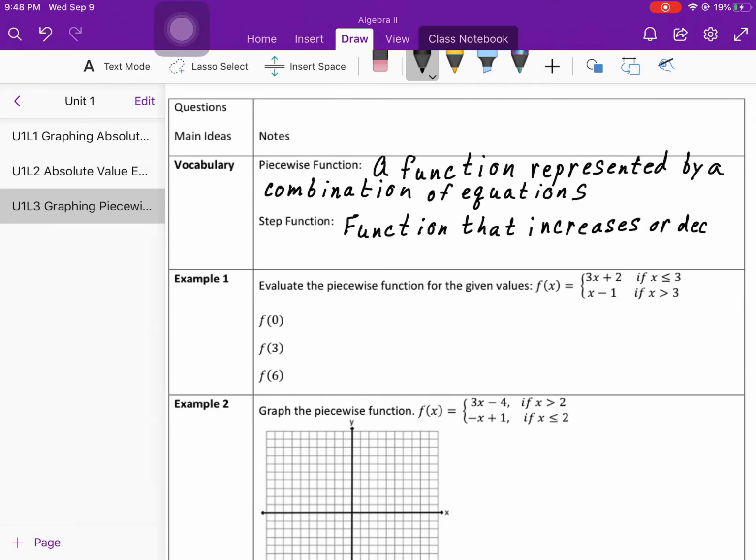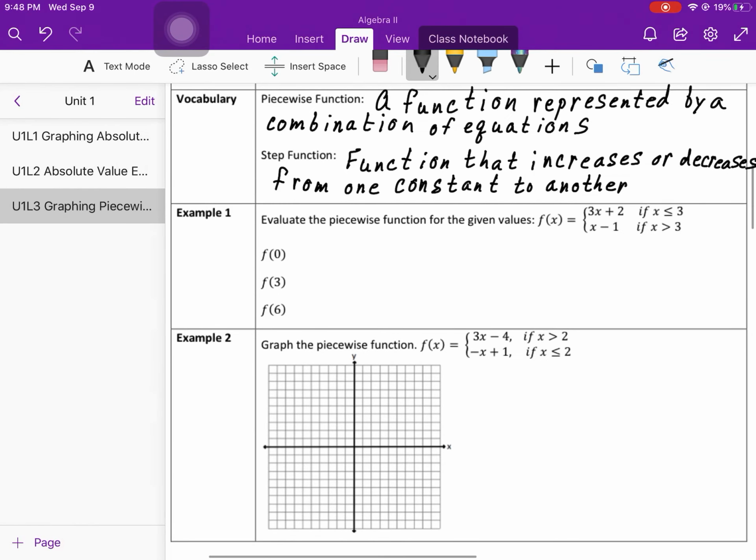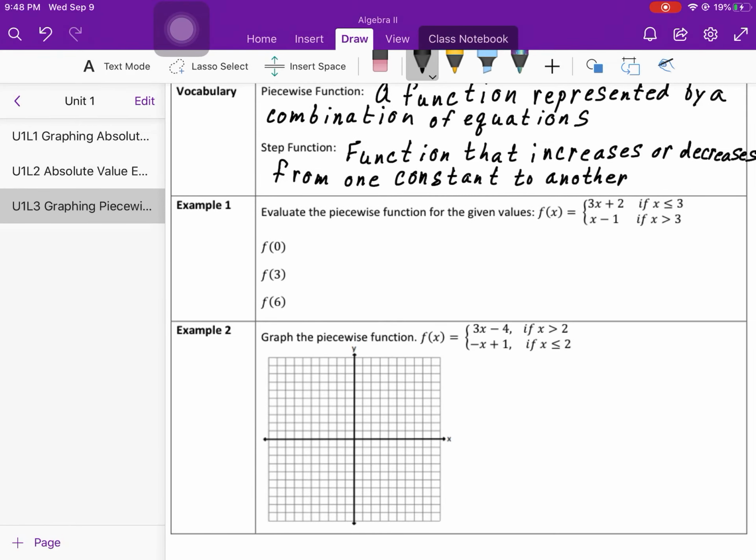And remember that a constant is a specific number that doesn't have a variable attached to it, like 4 is a constant, plus 4, minus 4, something like that.